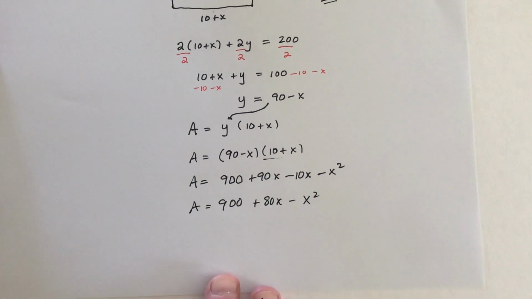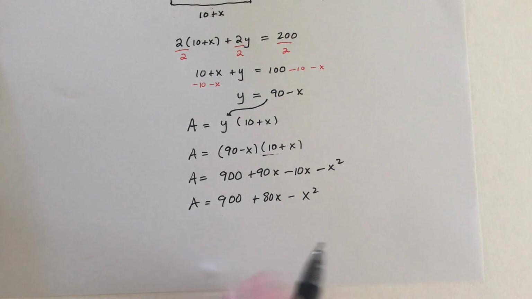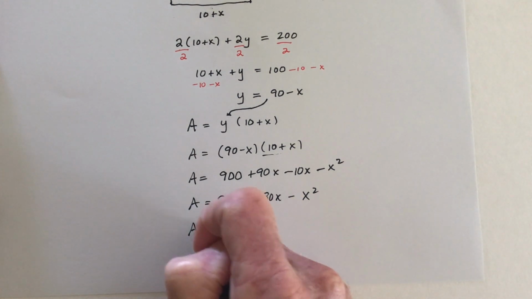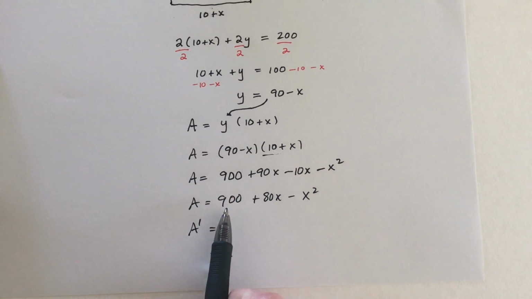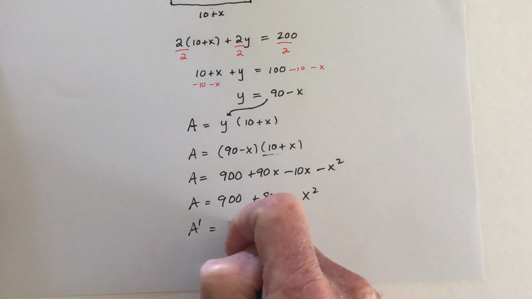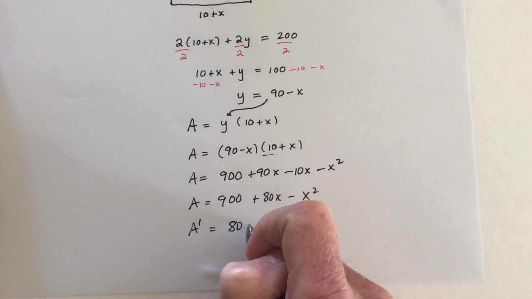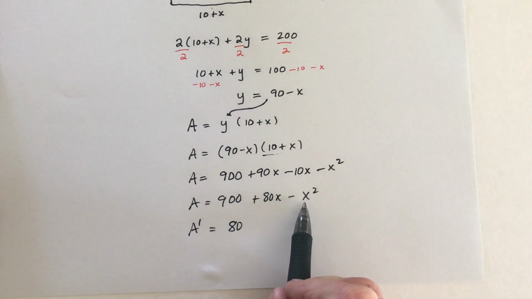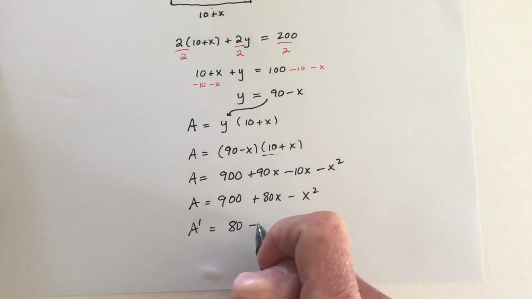Okay, so all of that was to create the function, and now take the derivative. So the derivative here is 0. The derivative here is just going to be 80. And then the derivative here is going to be negative 2x.